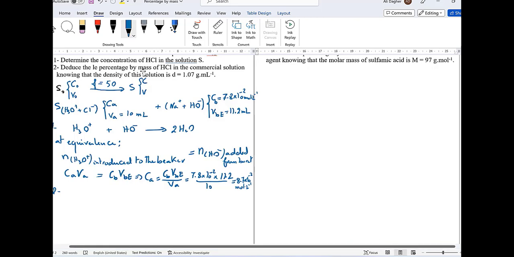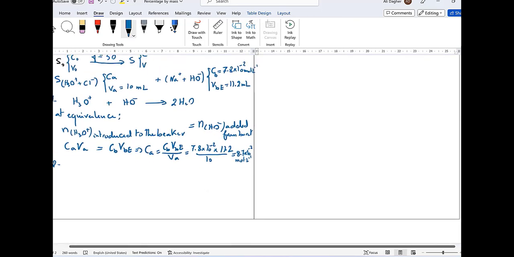Now, part 2, deduce the percentage by mass of HCl in the commercial solution, knowing that the density of this solution is equal to 1.07 gram per milliliter. The percentage by mass of a solute in a liquid solution equal mass of solute over mass of solution times 100.